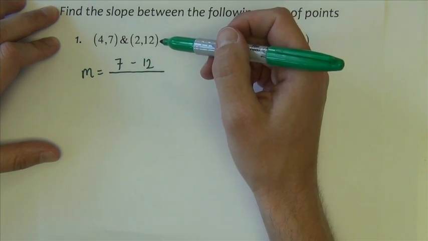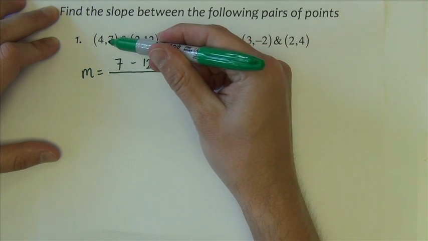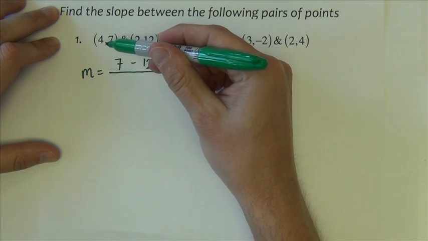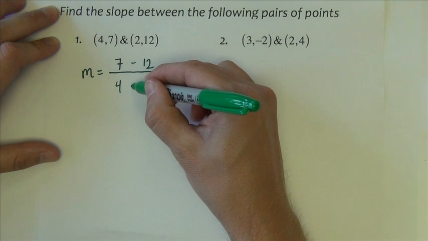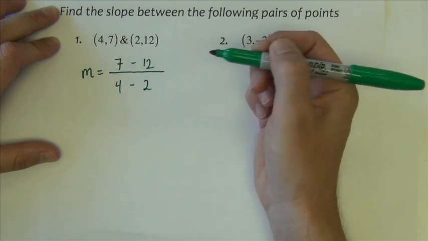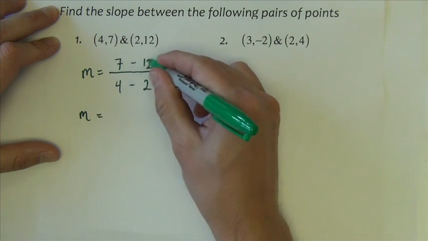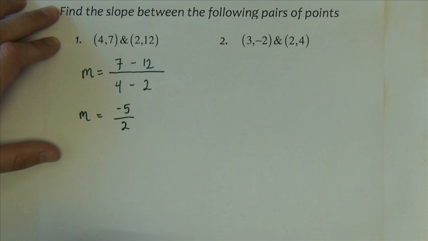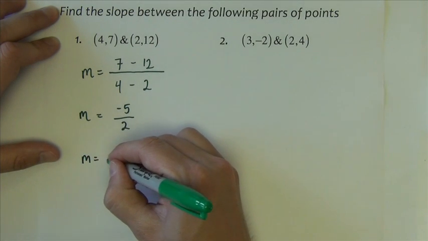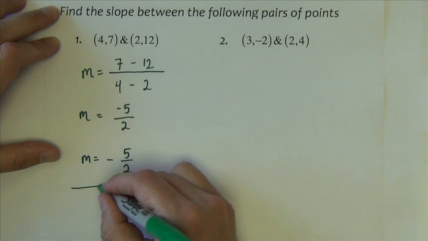Now what does matter is, since I started with the 7 and the 7 belongs to this point here, then in the denominator when I do the x's I must start with the same point. So I'm locked into going with 4 minus 2 in that order. So I get a slope of negative 5 divided by 2, or if you prefer to pull the negative out in front, a slope of negative 5 halves.